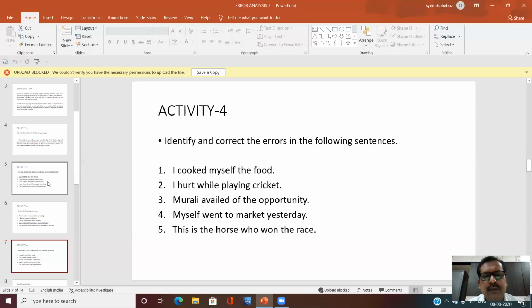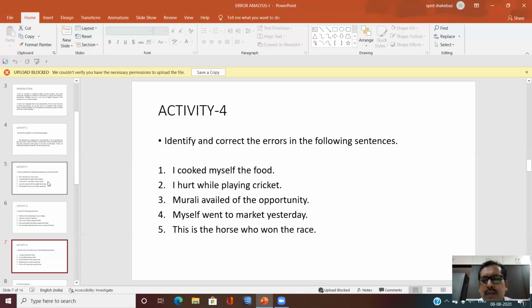If the subject is Swati, Swati availed herself of the opportunity. If the subject is they, they availed themselves of the opportunity. If it is we, we availed ourselves of the opportunity. In this way, after the word avail, we have to use a reflexive pronoun.